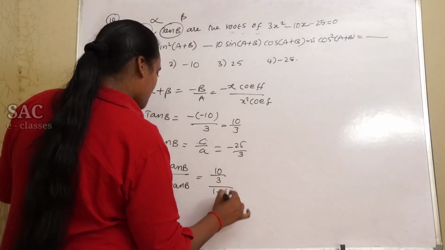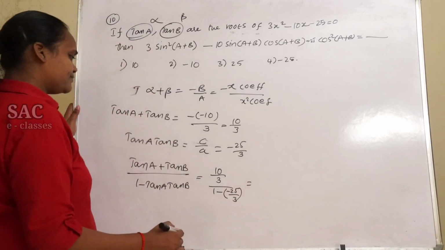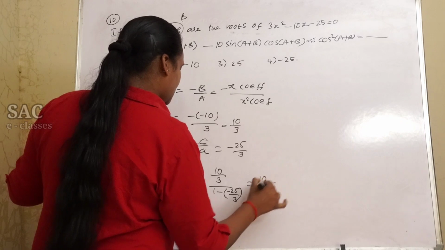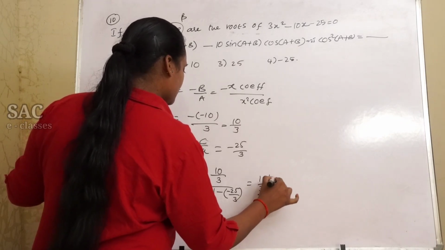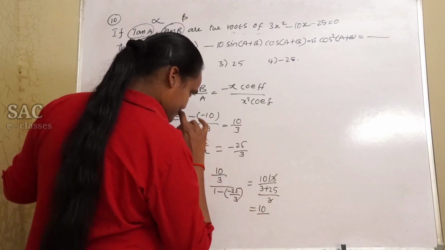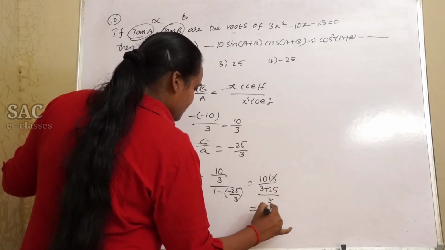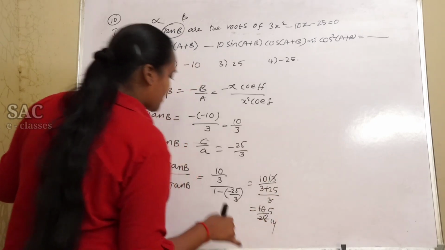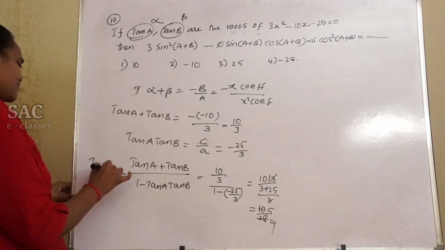Then 1 minus of minus 25 by 3. Simplify it: 10 by 3 by 3 plus 25 by 3. 3 gets cancelled. 10 by 28, 5 by 14 will be the required value. Then I got the tan of a plus b value.